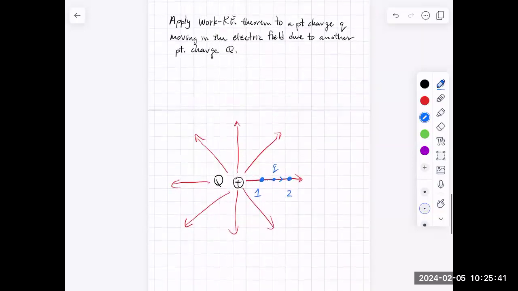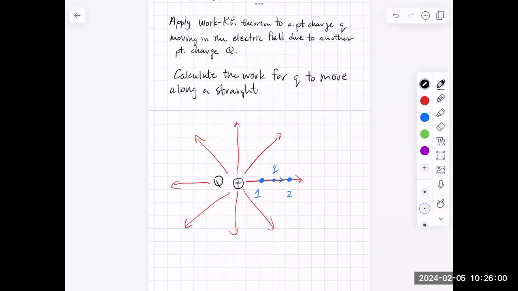So we're going to calculate the work for q to move along a straight line from, let's say, position 1 to position 2.